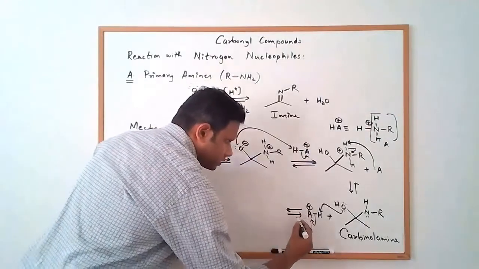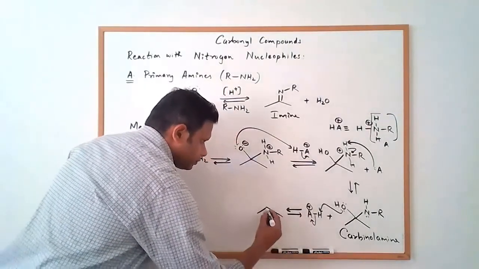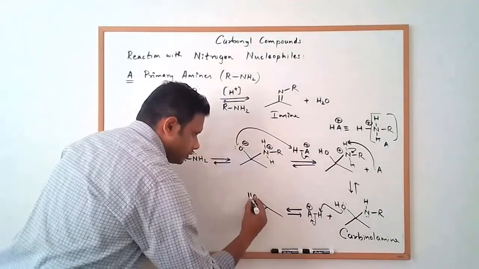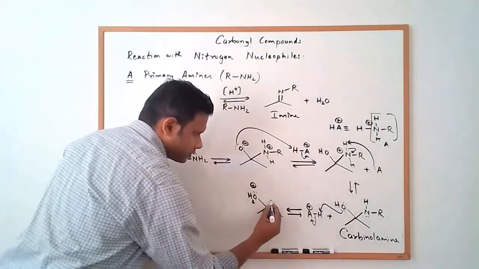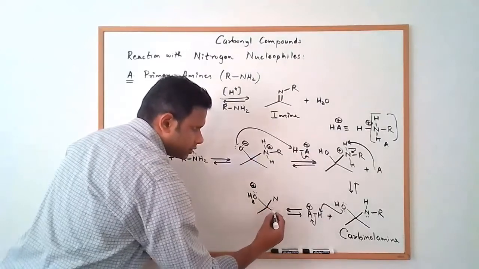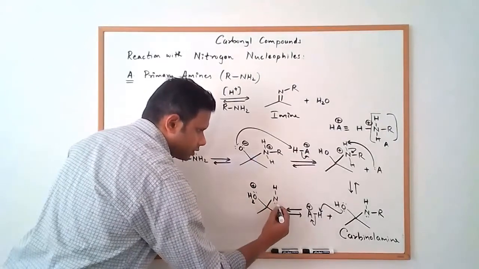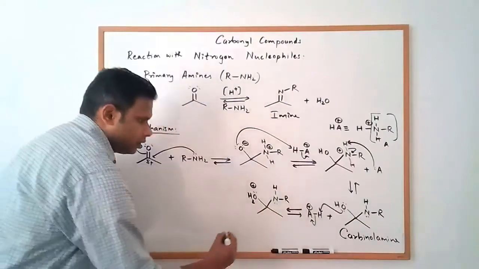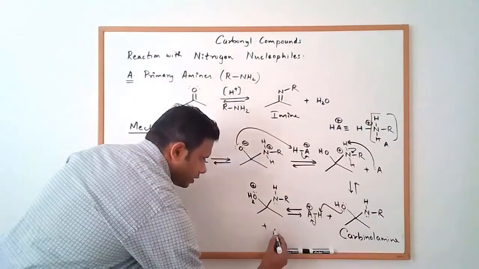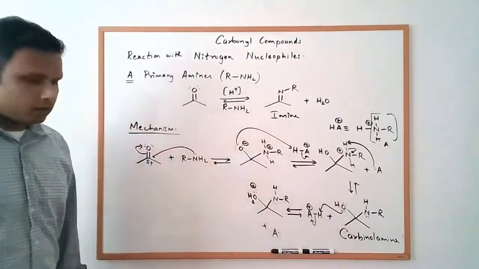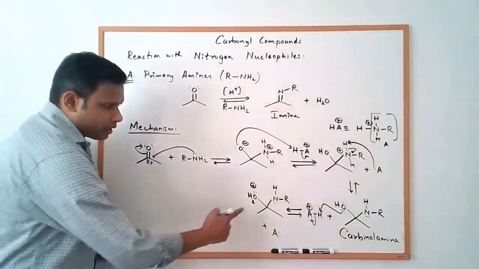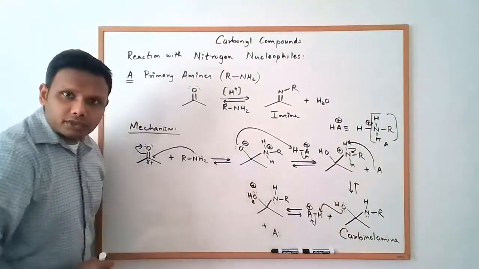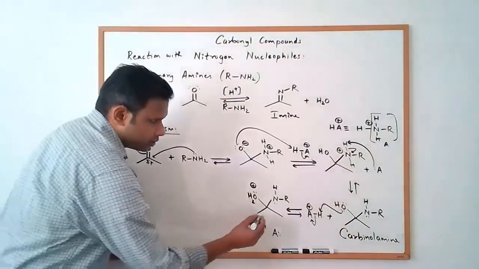That hydroxyl can get protonated, which will give us OH2 plus, with one lone pair and a positive charge, and the nitrogen with one hydrogen, a lone pair, and an R group. Plus, we get the A with a lone pair now, so we regenerate the A. And now our leaving group is ready: the hydroxyl has been converted into a good leaving group.